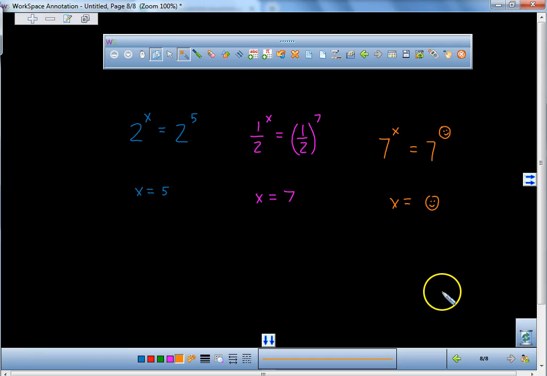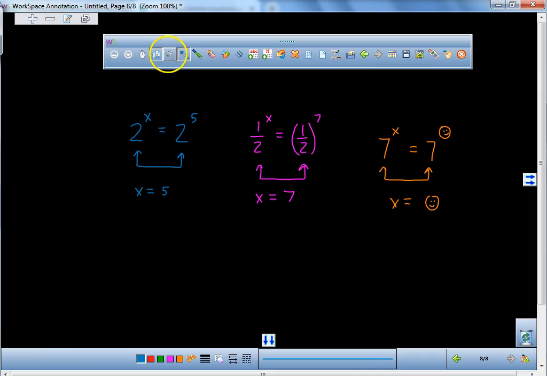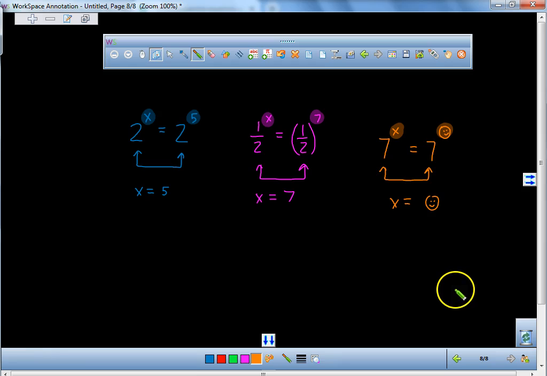Now, like I said, these bases have to match in order for you to be able to solve for x. When I say solve for x, these now would be equal to each other, and these would be equal to each other.